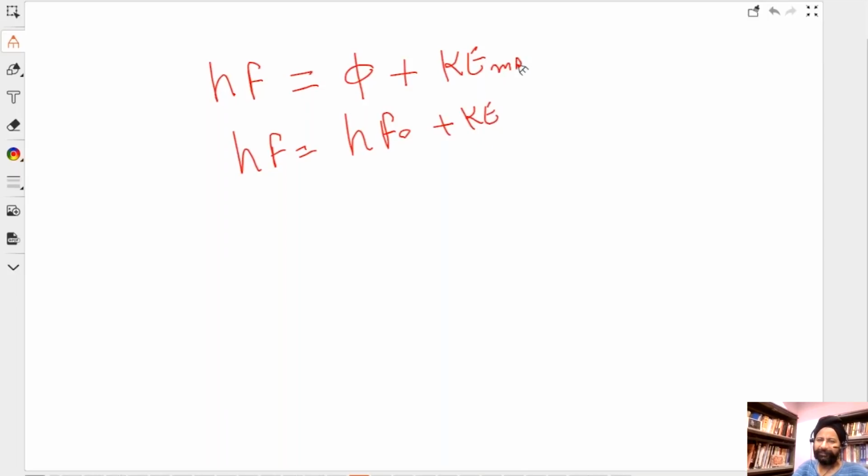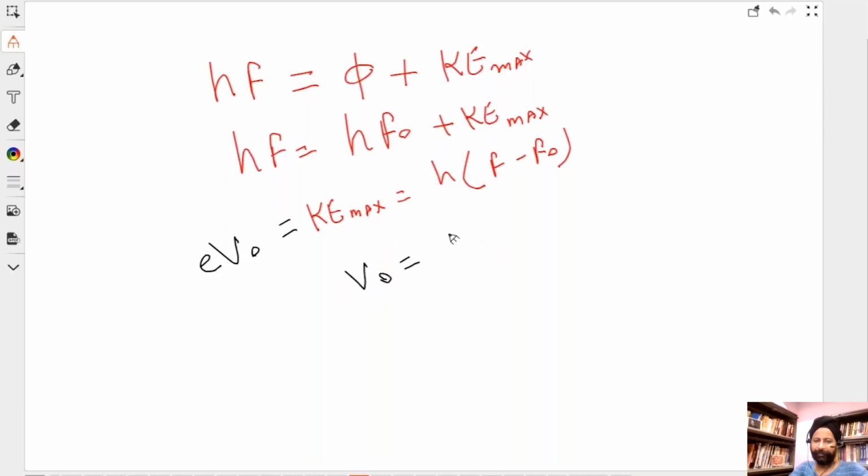And this is the maximum, for the surface electrons. So maximum kinetic energy is h times (f minus f naught). Now you can also say this is equal to e times the stopping potential. So stopping potential is h by e times frequency minus h by e times frequency naught.